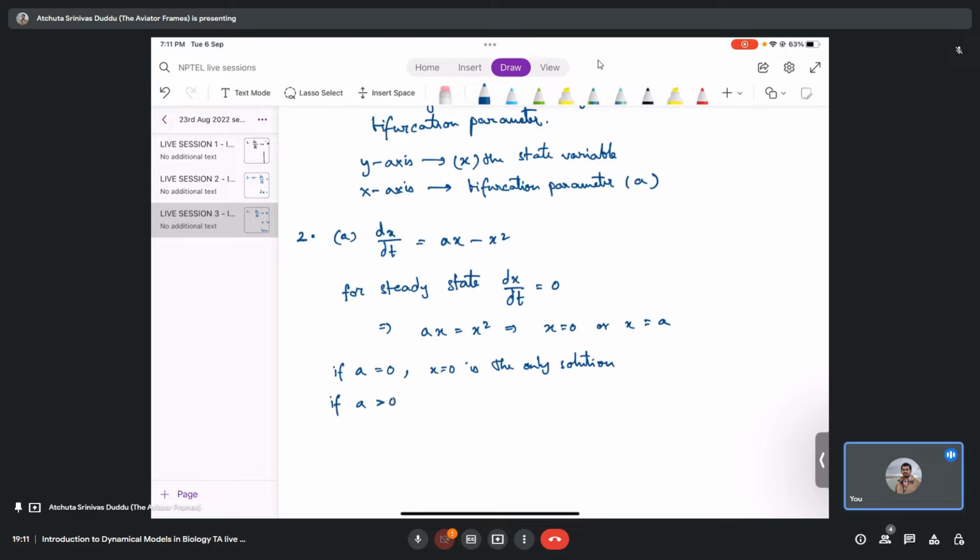If a is greater than 0, then we need to check what kind of stability the system has. Since here we do not have a specific value of a, we are trying to check generally for the variation of a, that is to say a is negative, a is 0, and a is positive. Those are the three things we'll be checking.